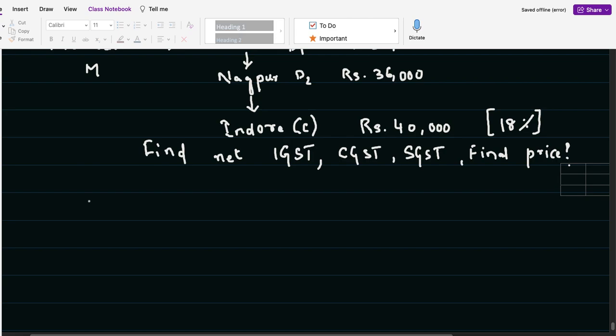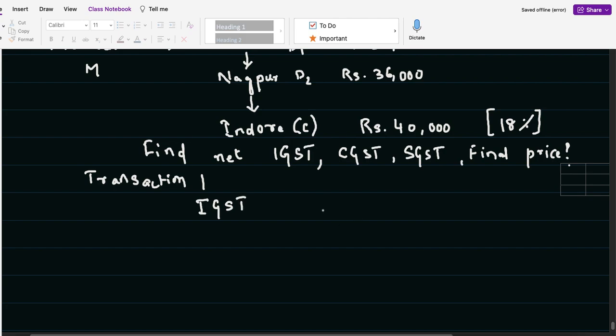First we will calculate the IGST of the first transaction, the Mumbai to Mumbai transaction. We will do the calculation for transaction number 1. How much is the IGST?